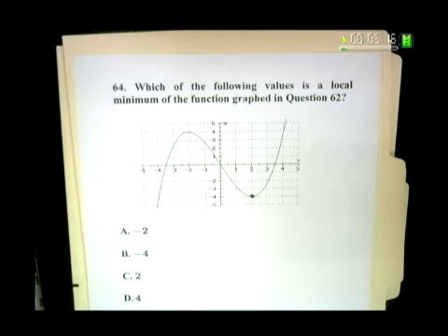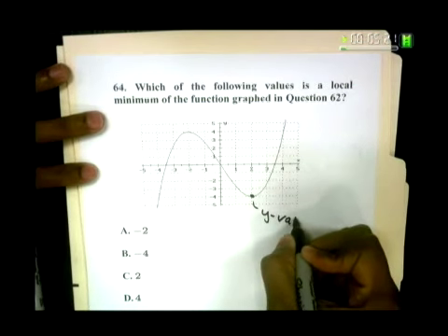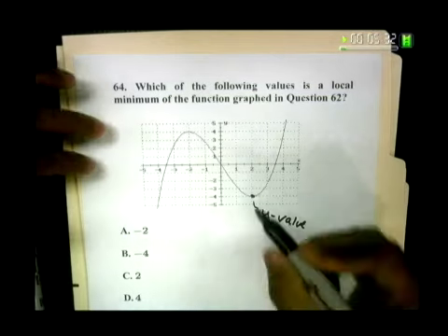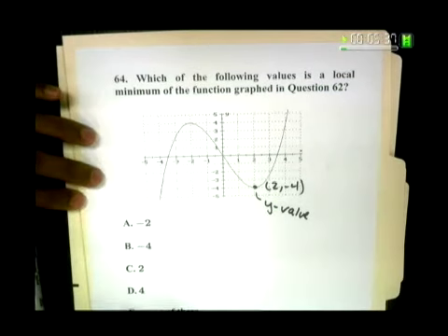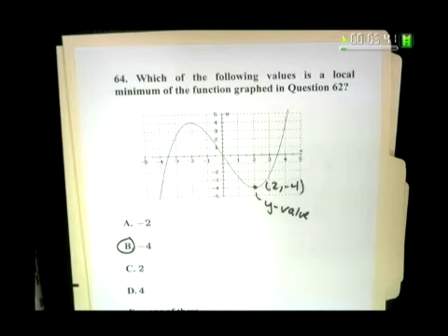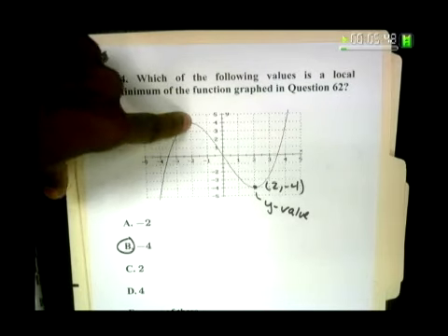The key thing here is we're talking about the y value, because your choices are not points, they're just one value. That point is 2, negative 4, so the local minimum is negative 4, B. And up there would be a local maximum.